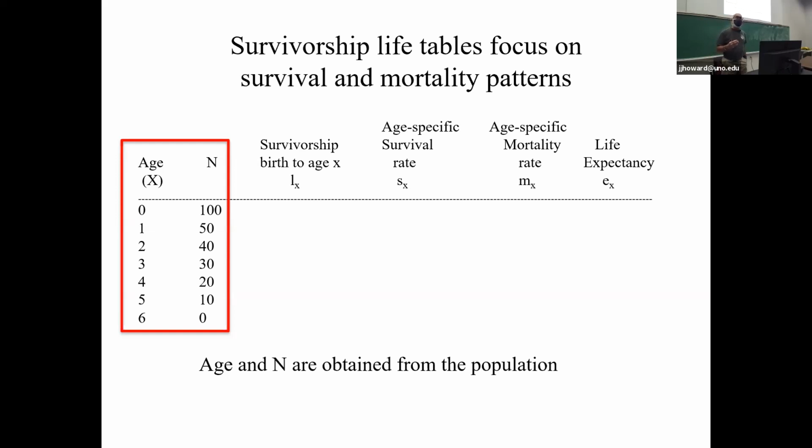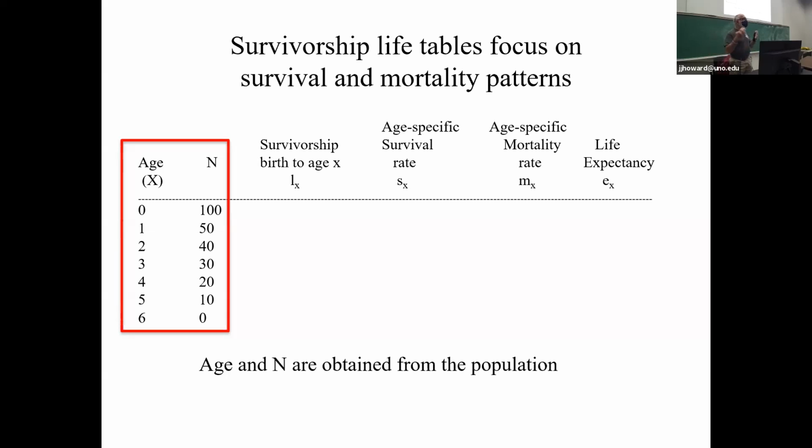If this were a snapshot in time, you could easily have, say, 100 newborns and then 51-year-olds, 42-year-olds, but you might have 83-year-olds because 3 years before it was a really good year. So a static life table has these built-in issues that we need to take into account.